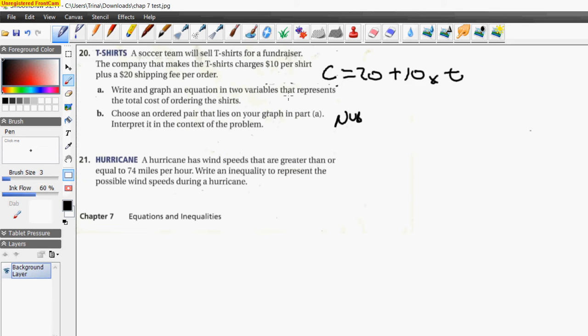Number of t-shirts is T. That's what that's representing, right? So I'm going to put that down so you know what it represents. That represents T, and we're going to say 1. Okay, so you'll know what that is.